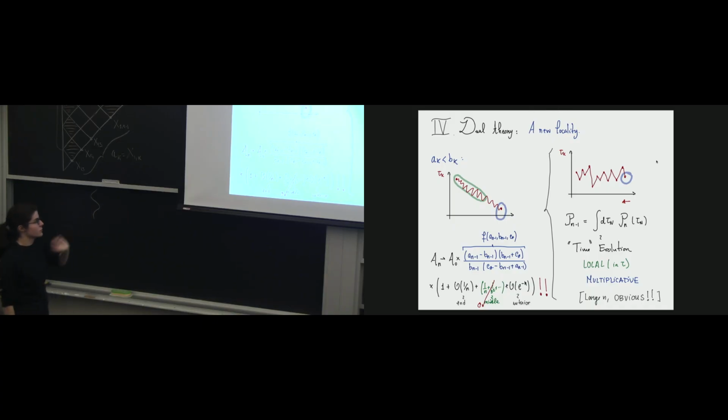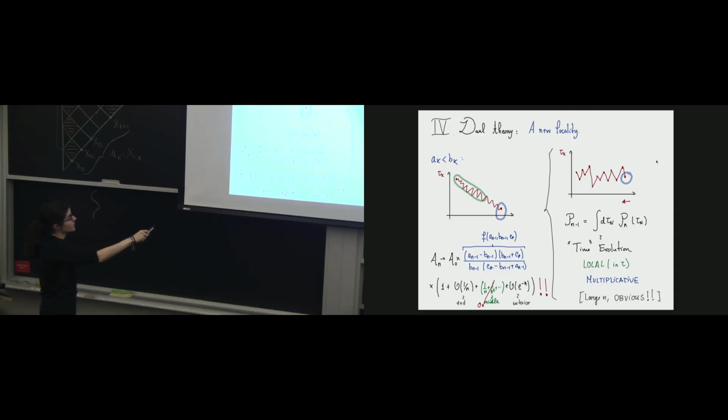Okay, so one curious fact that we learned from this picture is that, for example, in the regime where the AKs are smaller than the BKs, the typical path looks something like this. And using this picture, we can now predict that on top of the asymptotic behavior that I showed earlier, there's some correction that depends on the kinematics at the end of the path.